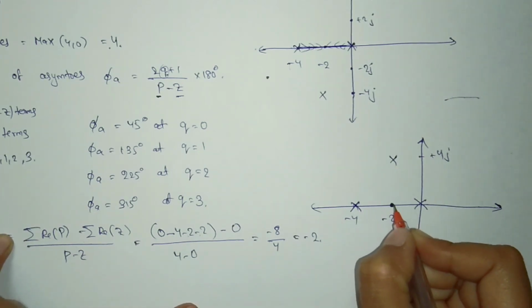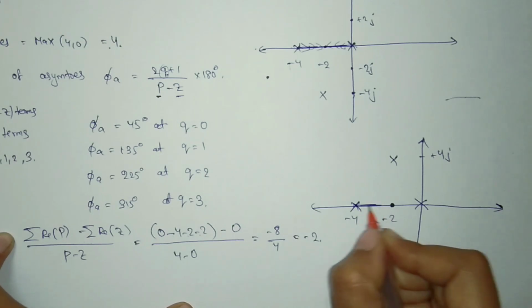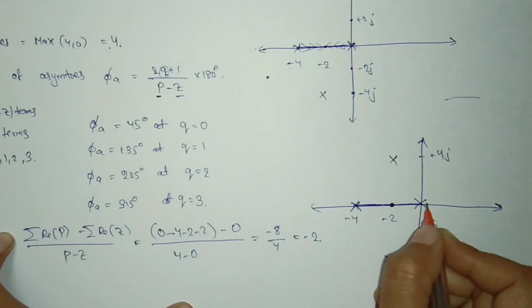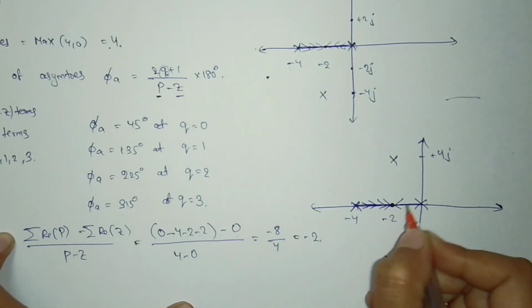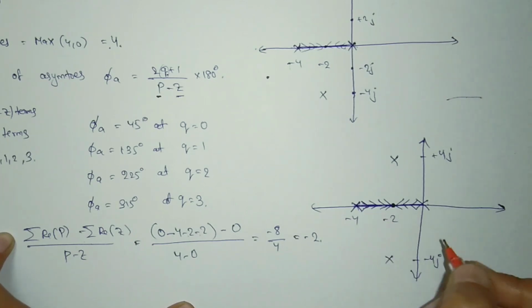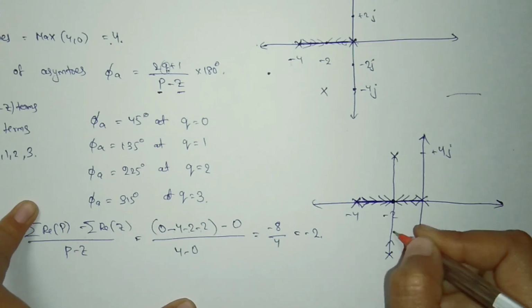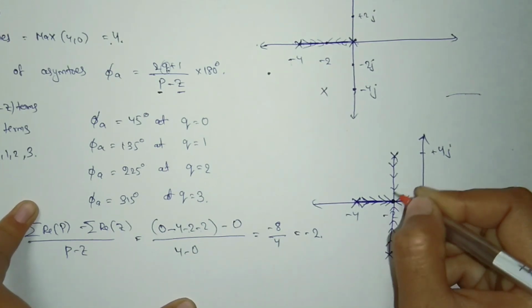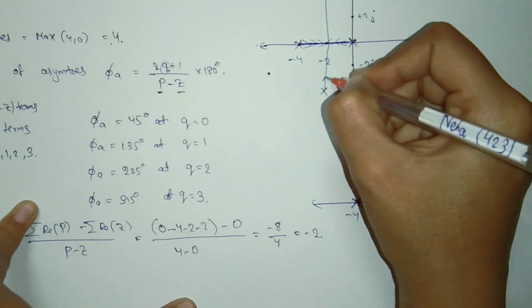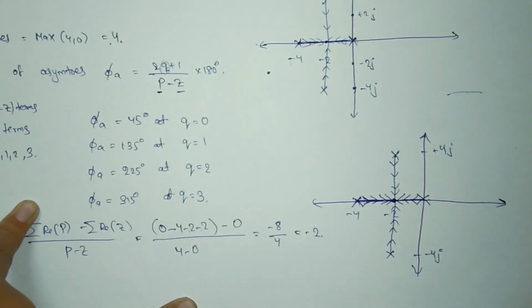And we got the centroid at minus 2. So the root locus exists between these 2 poles, and the centroid is exactly at minus 2. So we will draw the arrows, and also we will join these 2 and draw the arrows. Also we have to join these 2. Fine.